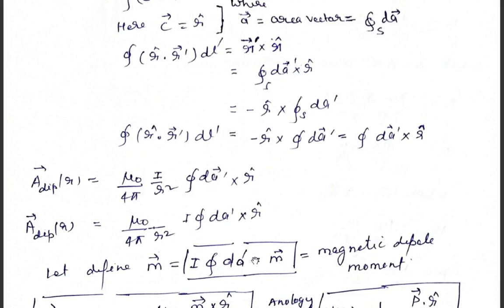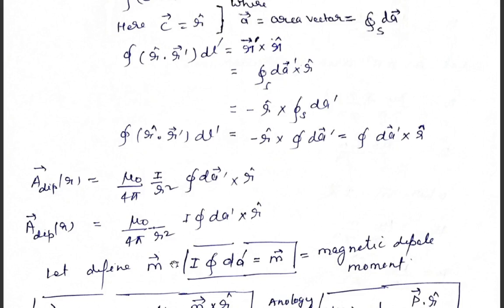It means the direction of the magnetic dipole moment: if you see here, the current is a scalar quantity and the area is a vector quantity. So the direction of this magnetic dipole moment will be along the area vector direction. Always remember, if you consider a circular loop, the area vector will be pointing normal to the surface of the circular loop.